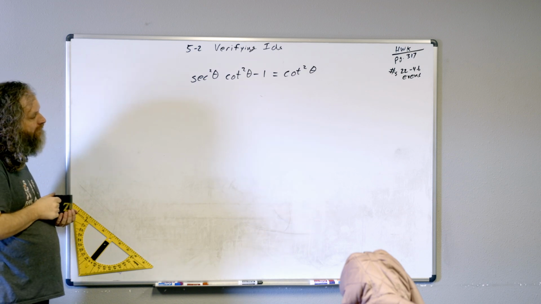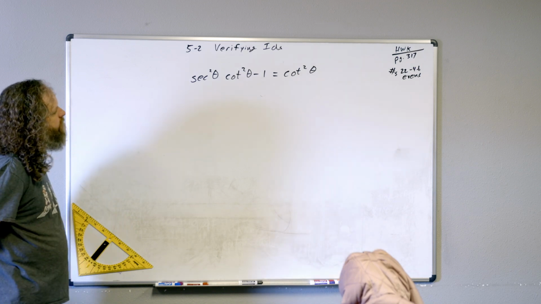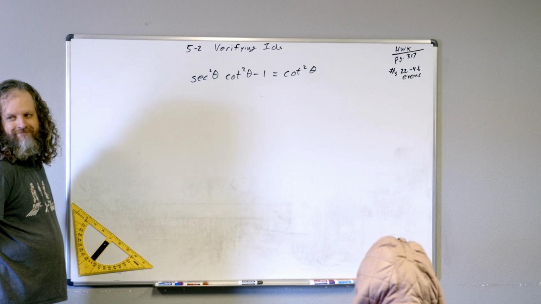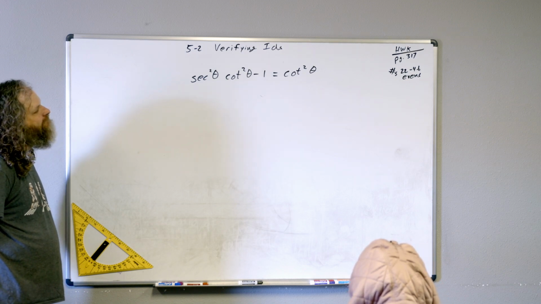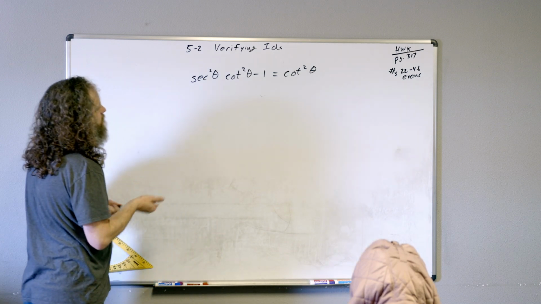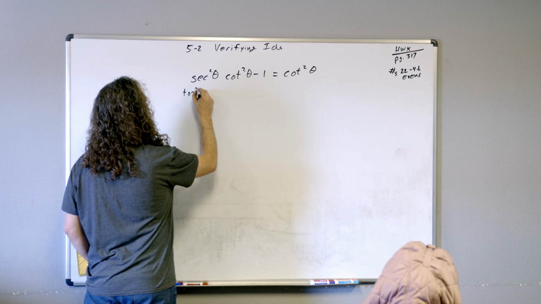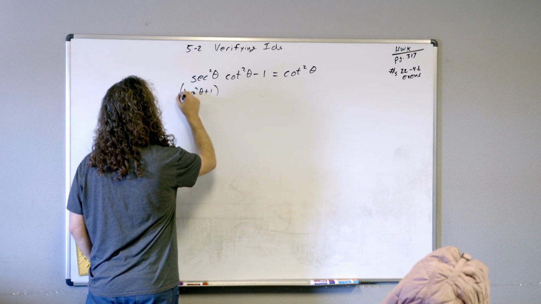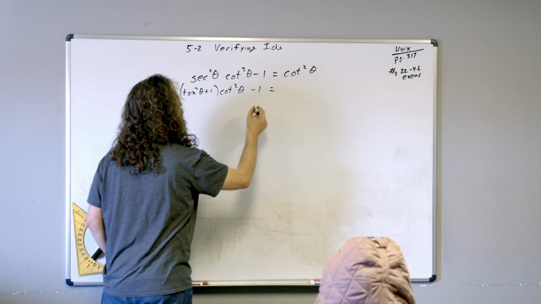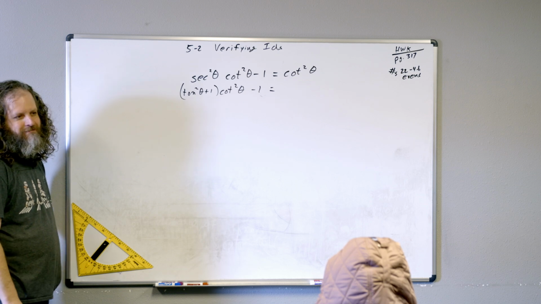Can you get rid of the secant somehow? Multiply it times its reciprocal. That's how you would get rid of the secant squared theta, if you wanted to.